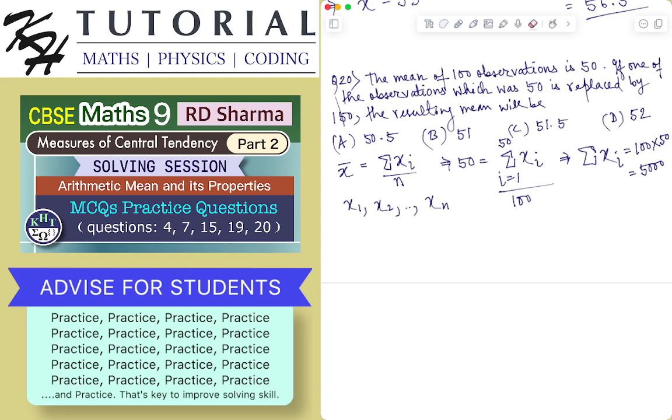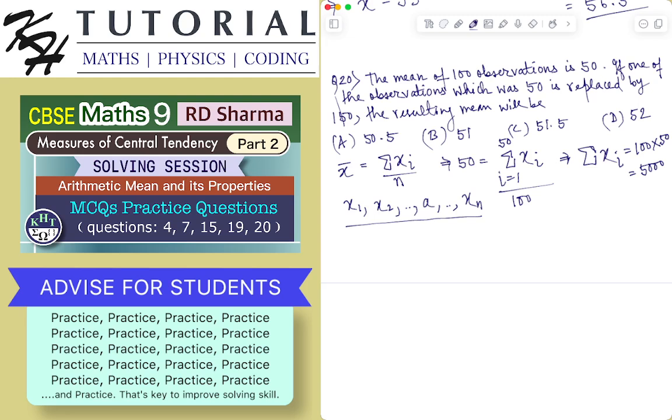Let's say there is some observation in between, let's say a, and I have xn. So this is a set of n observations where one observation is a.